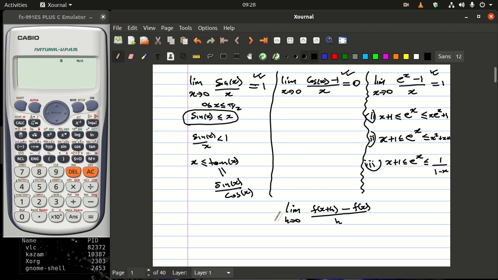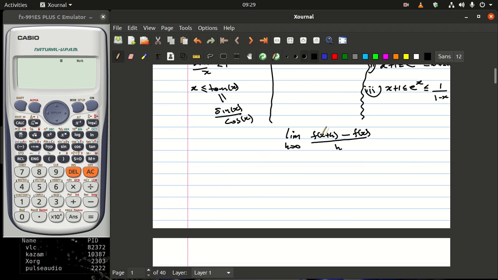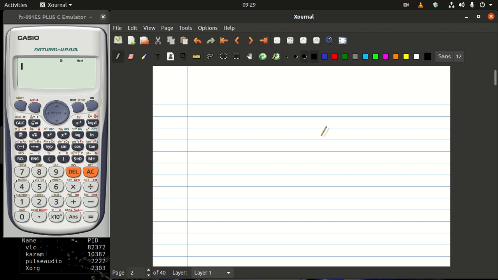In order to solve most of the problems involving trigonometry and exponential functions, these limits usually come in so handy. So you need to remember them: this is 1, that one is 1, this one is 0. That's the part I want you to take note of, so that you can prepare yourself for what is coming.